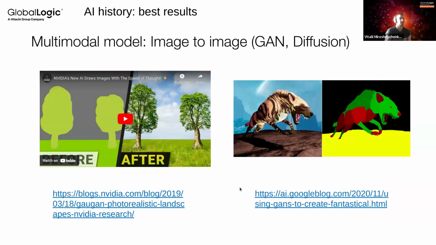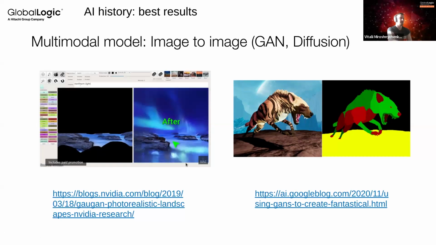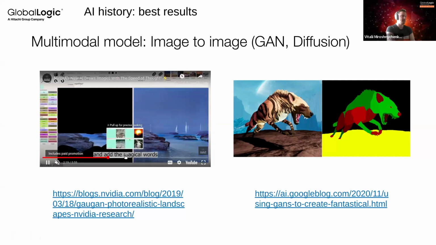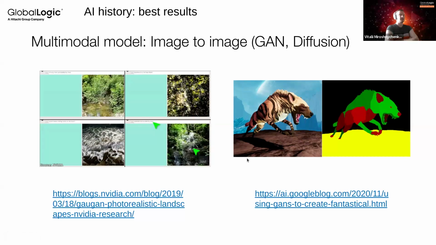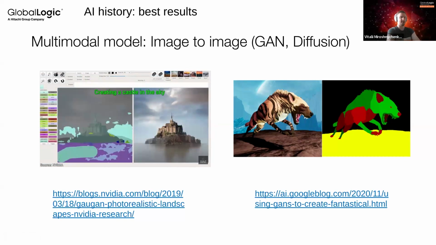What else? One more cool thing that is solved is image to image that uses generative adversarial networks and diffusion. And the idea of such models is that they are different. The first idea is to create a markup and fill the image by markup. For example, Photoshop has shown the technology called Palette. Oh, sorry, no, Google showed Palette. And Photoshop has this feature too. And they use generative adversarial networks and diffusion models to create photorealistic landscapes or realistic images.